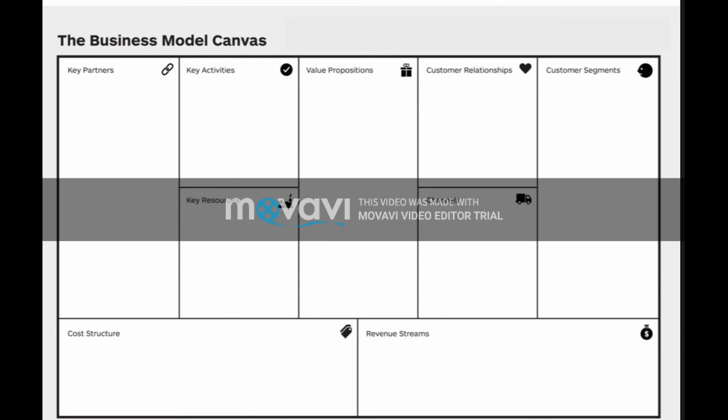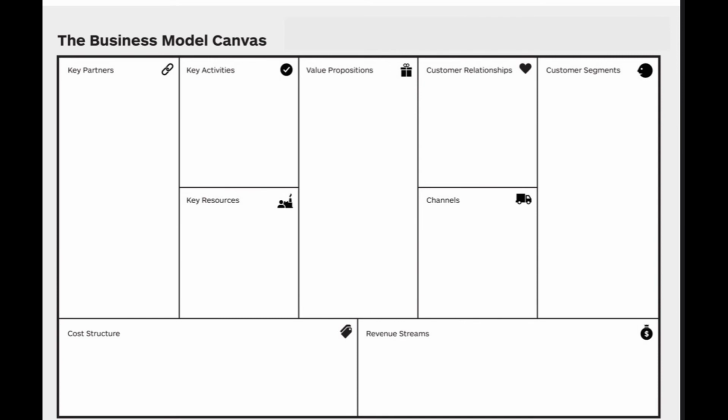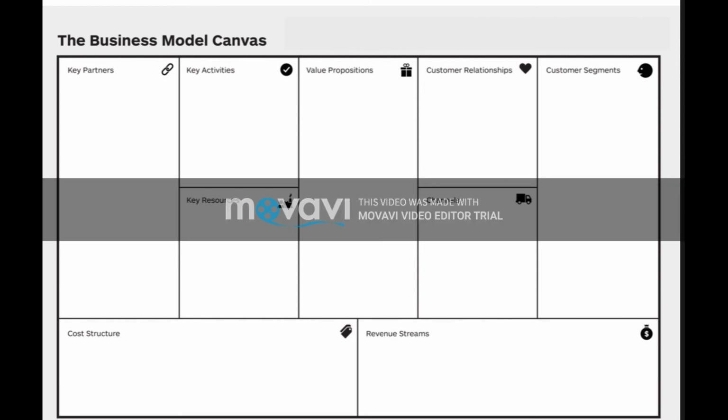What are the channels? How do you put all these things into motion? Through which channel do our customer segments want to be pleased? How can you position it properly? Because what you need to understand is the channels, the process. How do we communicate to them? Is it through Instagram?